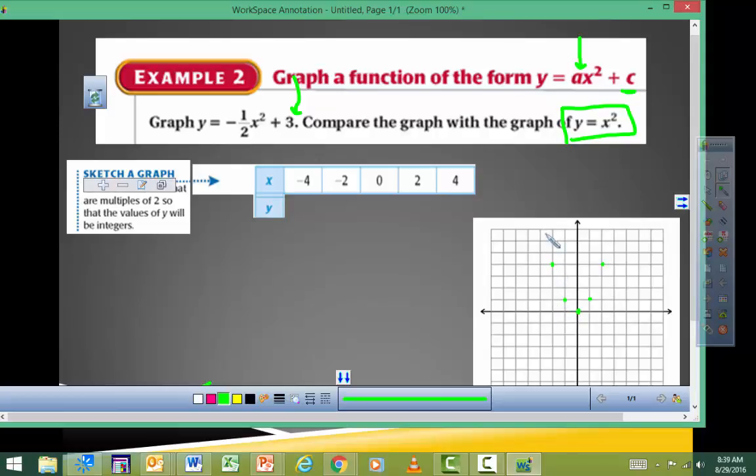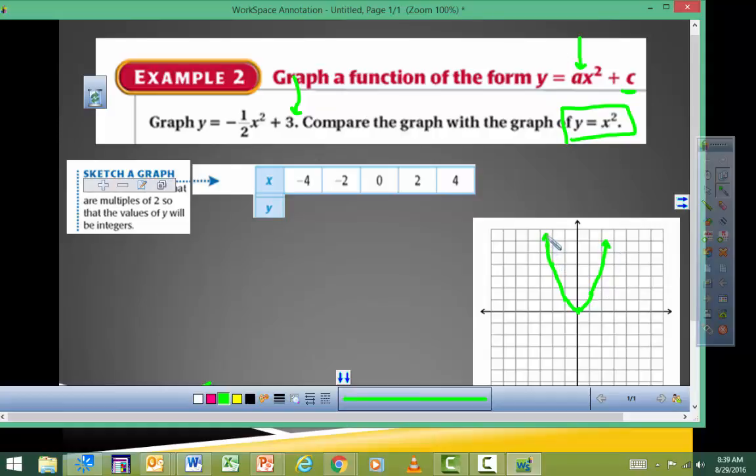Okay, so we were doing the parent graph last time. So the parent graph looks something like this. And try not to make it too pointy. Parabolas always have the curviness to them. They're rounded a little bit, and so I kind of do that kind of slow, but there's our parent graph.